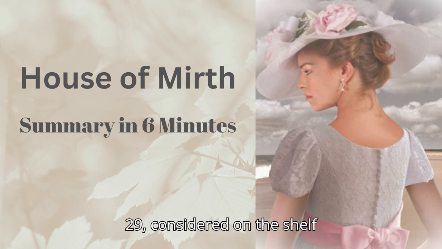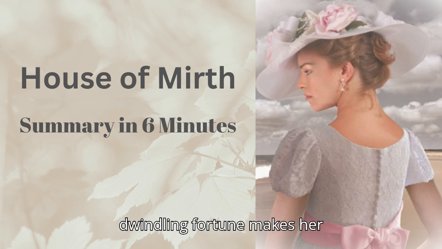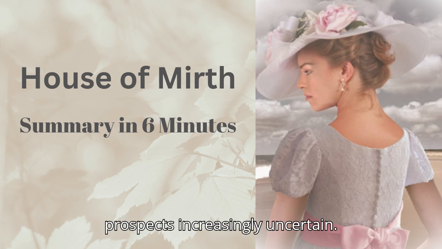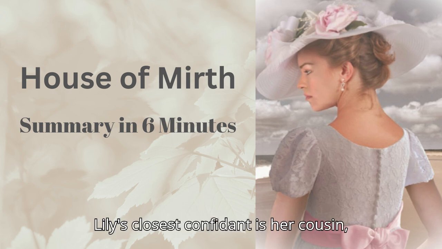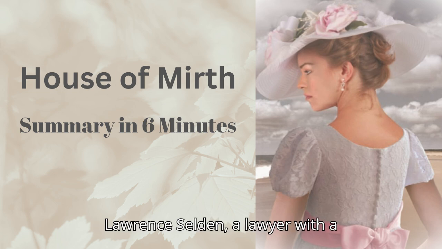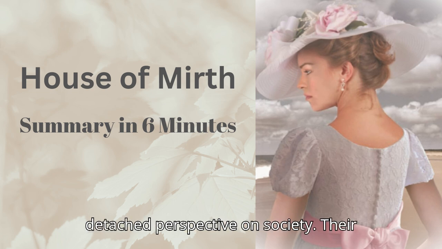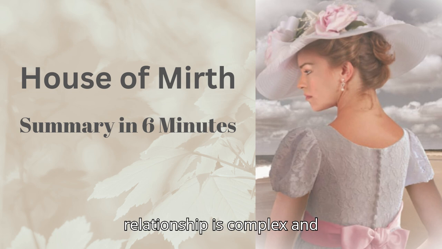She is already 29, considered on the shelf by the standards of her time, and her dwindling fortune makes her prospects increasingly uncertain. Lily's closest confidant is her cousin, Lawrence Selden, a lawyer with a refined sensibility and a detached perspective on society. Their relationship is complex and ambiguous.